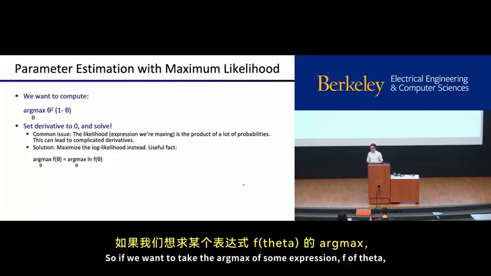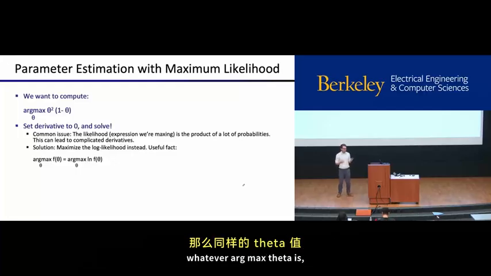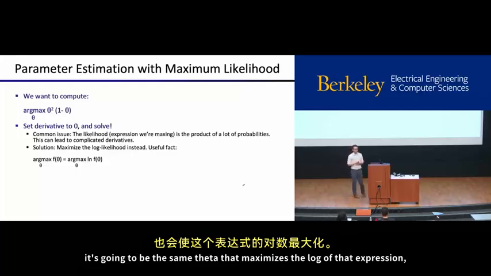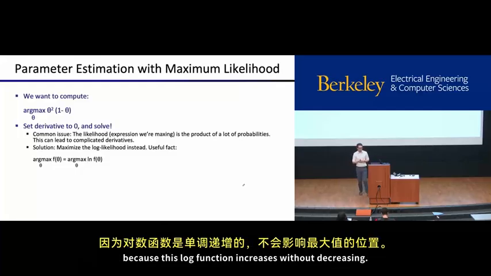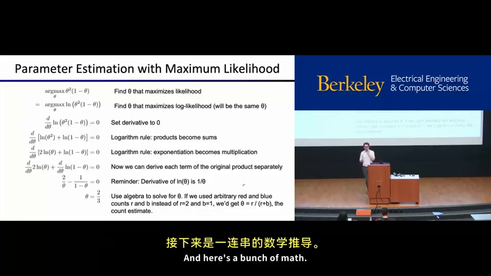So if we want to take the argmax of some expression f of theta, whatever theta maximizes that expression is going to be the same theta that maximizes the log of that expression, because the log function increases without decreasing. It's monotonic.